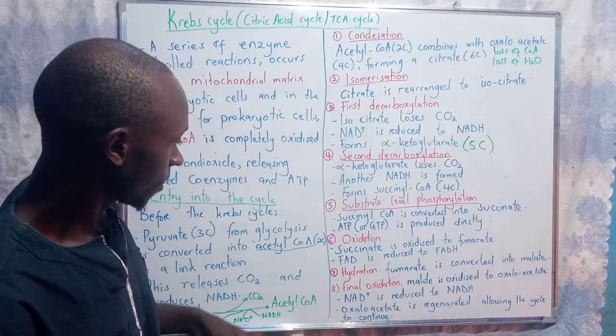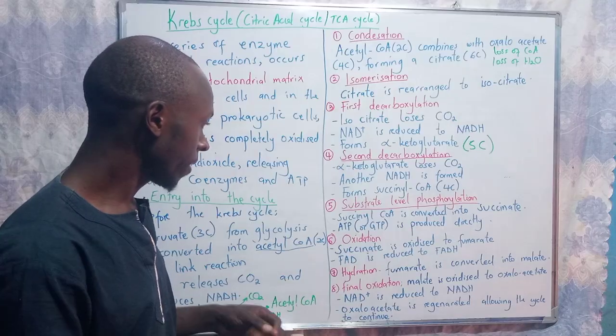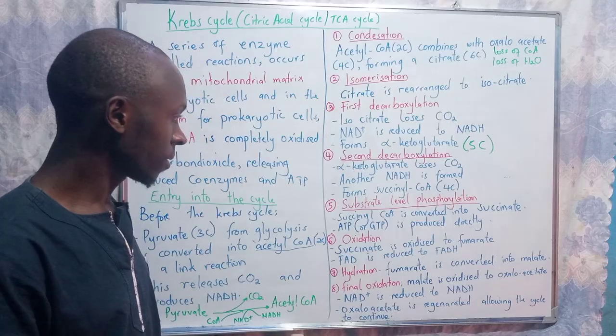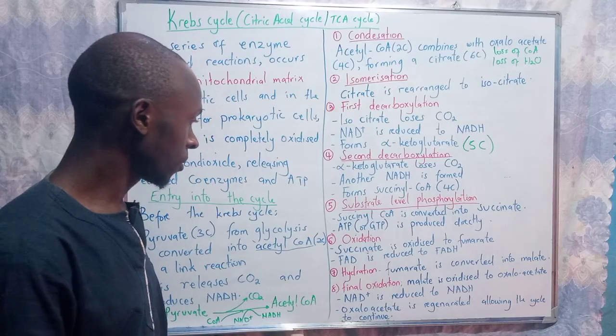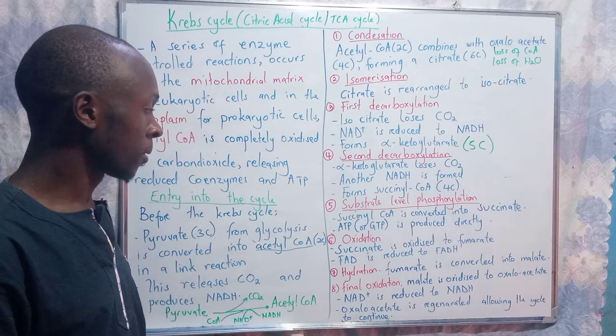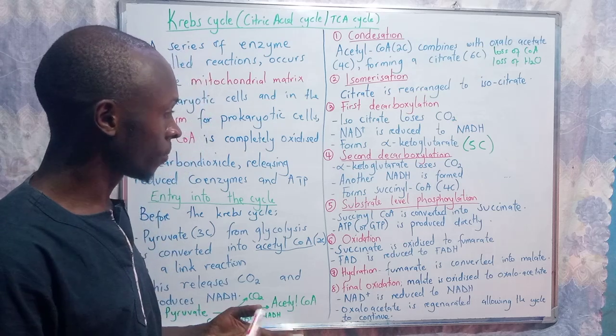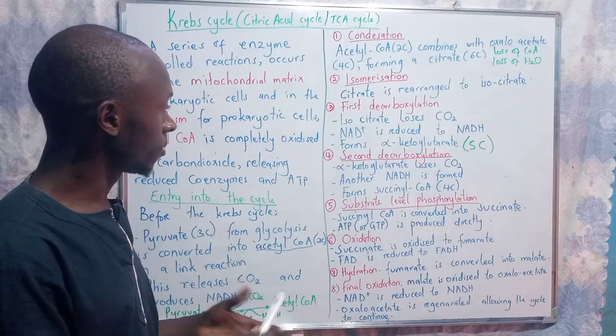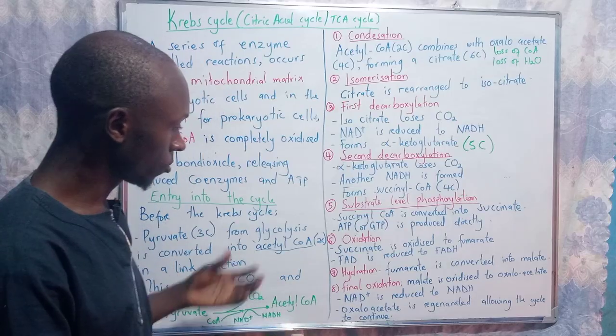So in stage number 8, we're having the final oxidation. Of course, we know the oxidizing agents. We have FAD with the plus, and then NAD with the plus. Those are the common oxidizing agents we are going to be using.